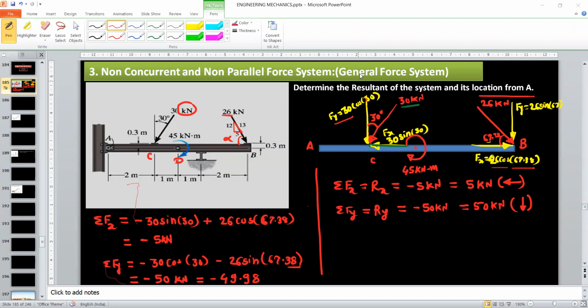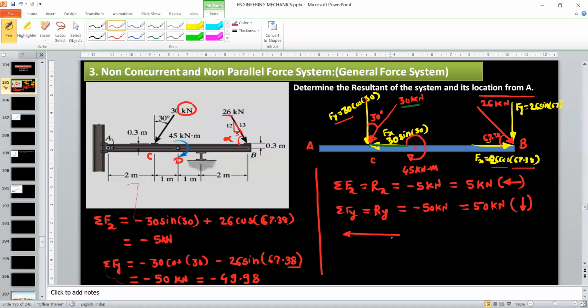You can give your answer in the chat box. The quadrant is the third quadrant because x is negative and y is negative.